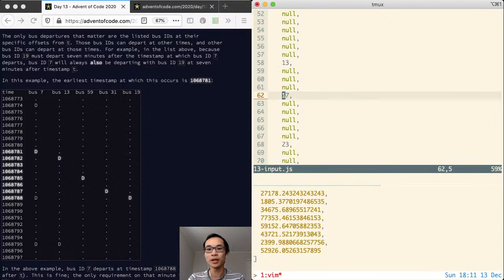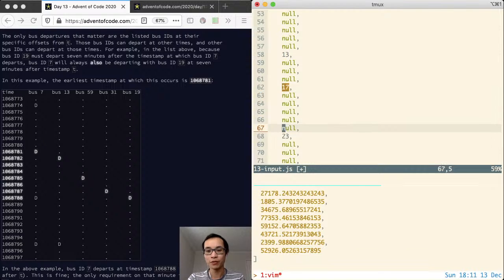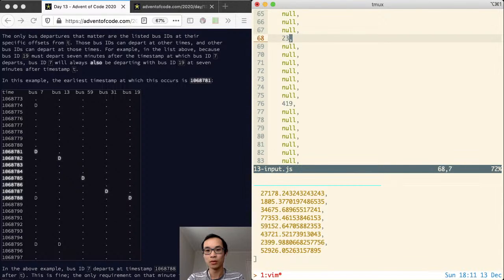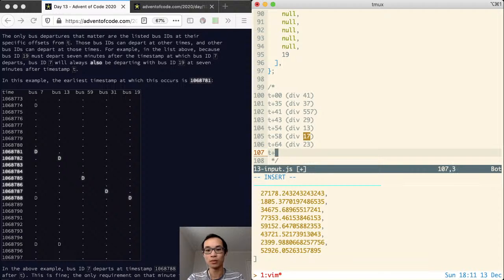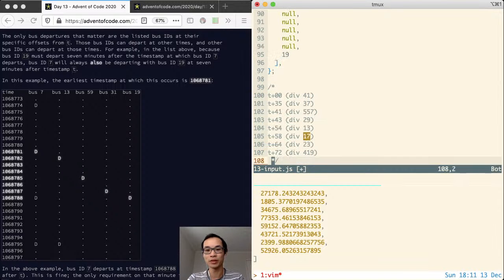T plus 58 divides 17. T plus 64 divides 23. T plus 72 divides 419, I think it was. What was it? 419 after 23? Yep, 419. And T plus 91 divides 19.